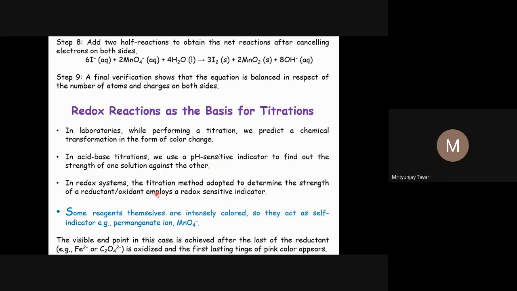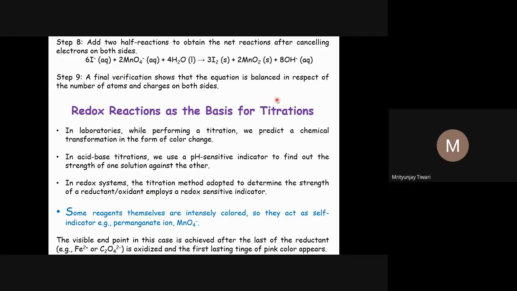But in redox systems, the titration method adopted to determine the strength of reductants or oxidants employs a redox-sensitive indicator. Redox-sensitive indicators change their color because of the change in oxidation number.